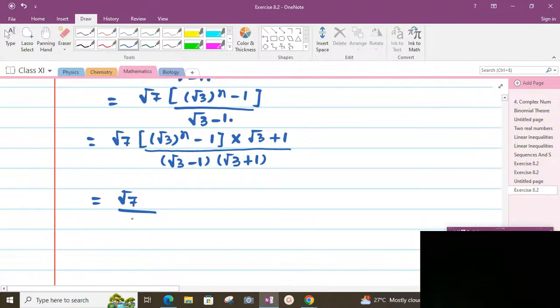So 3 minus 1 equal to 2, and here we write down √7 into √3 plus 1 into √3 to the power n minus 1 by 2. So this one will be the answer. Hope that there is no problem to understand the solution of this question.